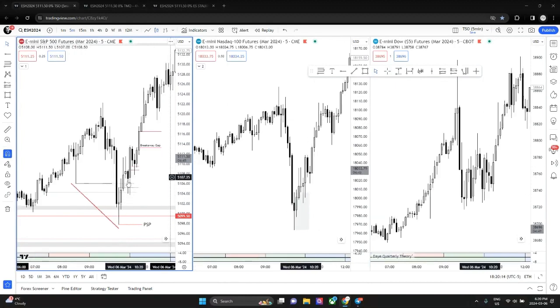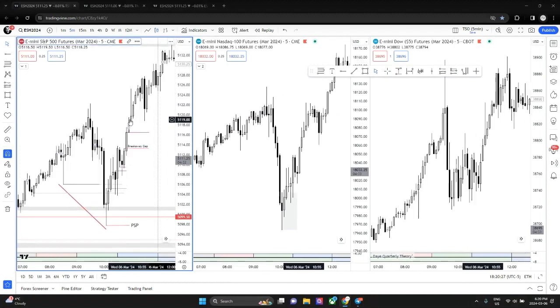So after this happened and you see price shifts market structure above this high, this is where I bought this morning, or where I expected price to go higher. Then when price was around here, I told you guys, what did I say? Take profit. Why? There's a new day opening gap here. Amazing.